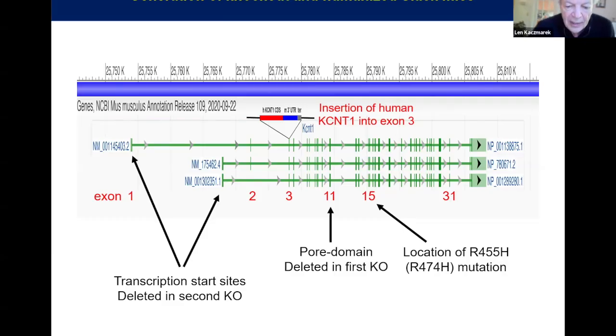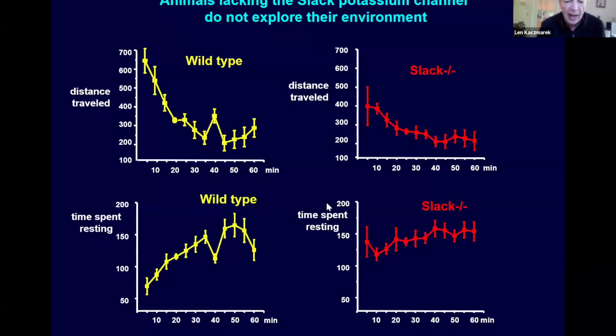All right, so let's start with what happens when you just delete the pore. So you don't have SLAC channels. The animals are not as inquisitive as their litter mates. If you put a wild-type mouse into a cage in a strange environment, it starts looking around at its environment, and then over a period of an hour, it gets used to what it's seeing and it settles down.